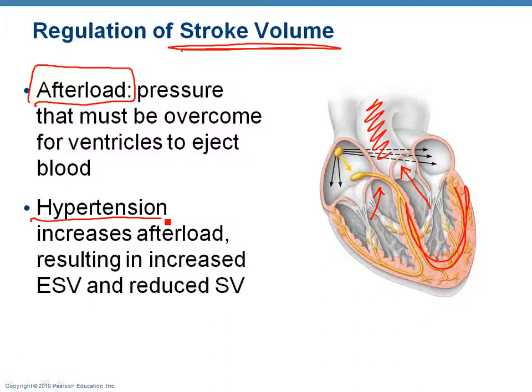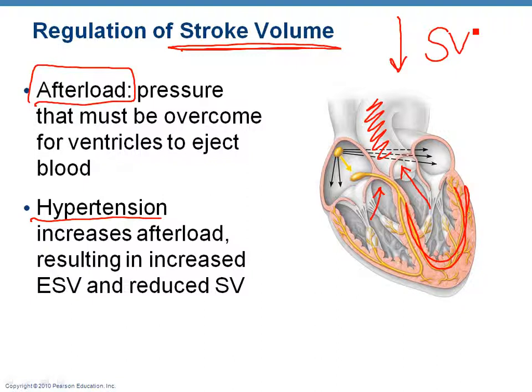Now, how is that going to affect your stroke volume? It's going to cause it to go down in this case. You're going to have less time during which the ventricles are contracting at the same time that those valve flaps are opening, during which you can squeeze blood upward into those blood vessels.